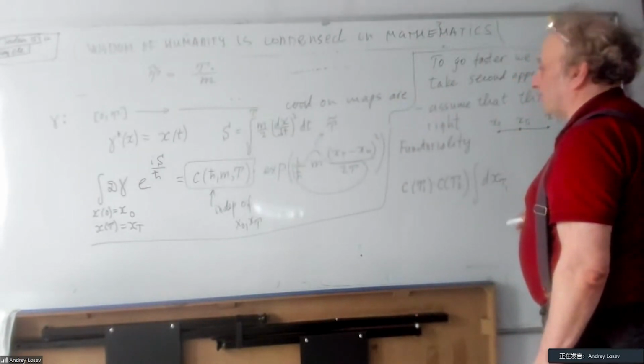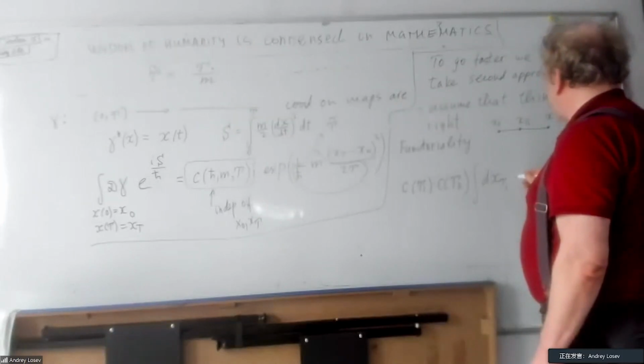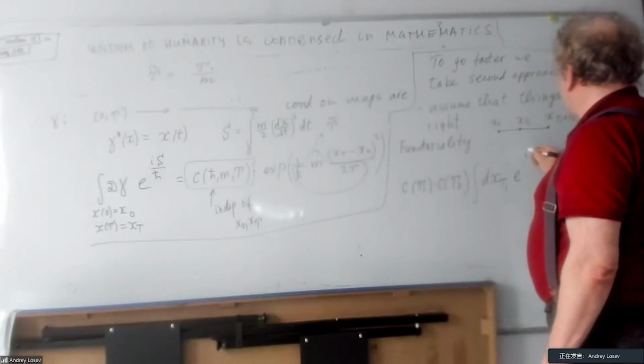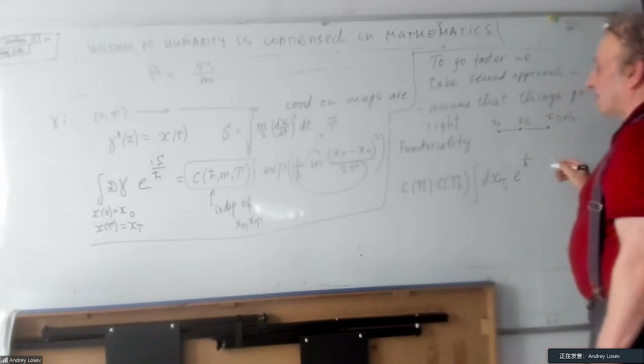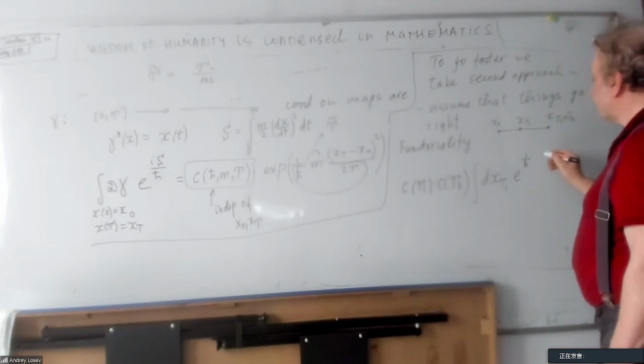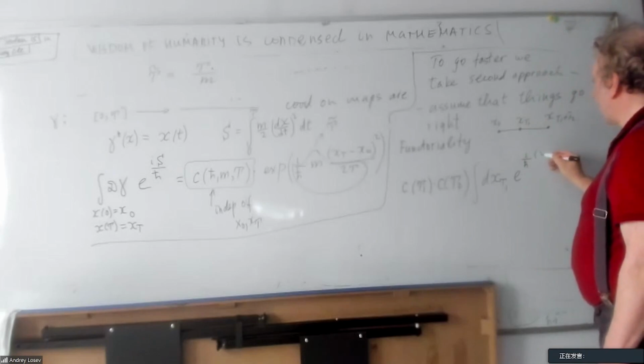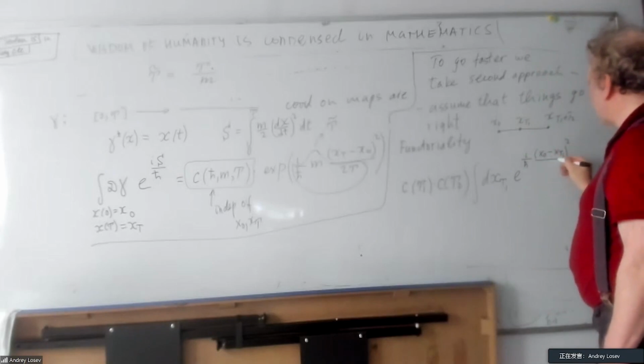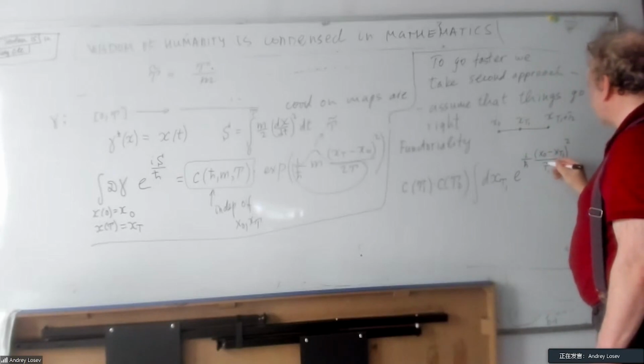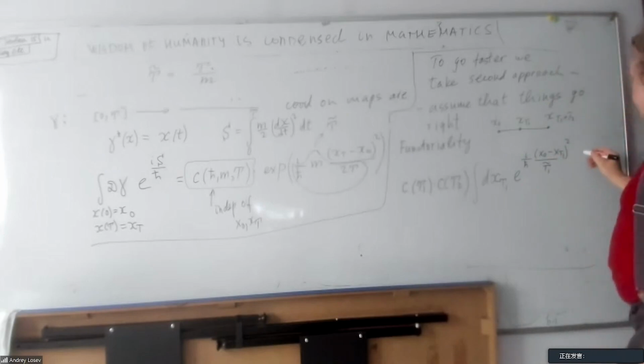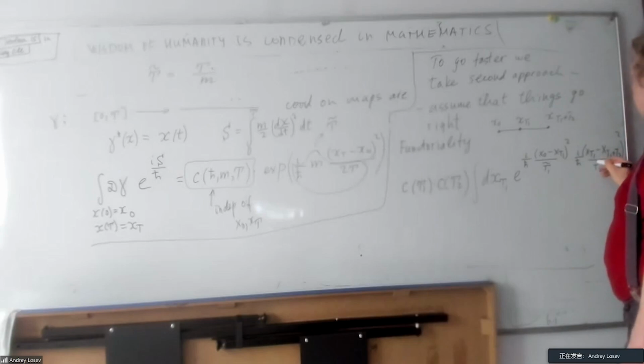So I have an integral over this, and what I have here is the exponential of i over h, (x0 minus x(t1)) squared divided by t1 tilde, plus i over h, (x(t1) minus x(t1+t2)) squared divided by t2 tilde.